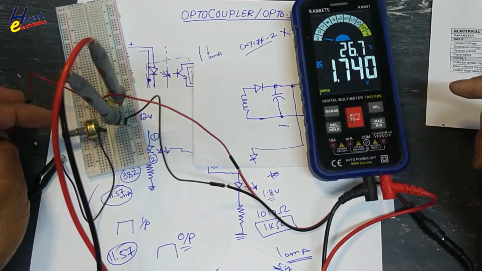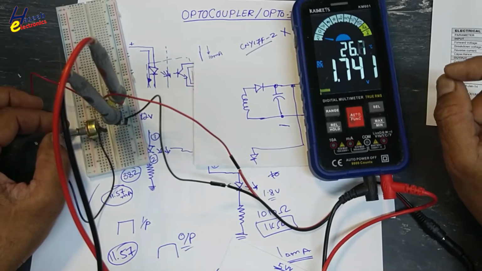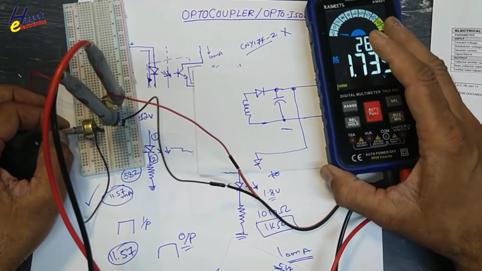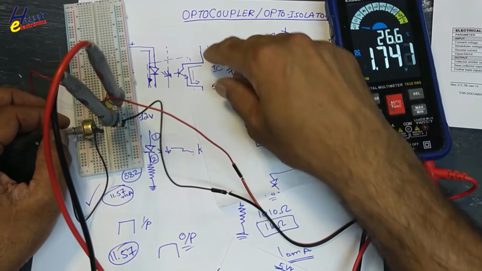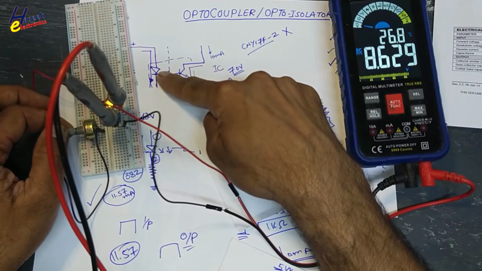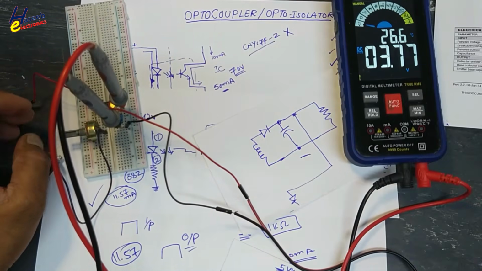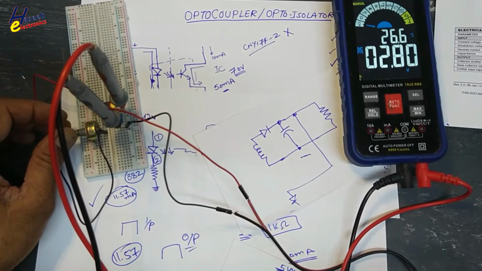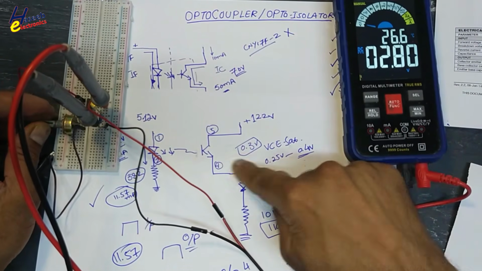When there is maximum resistance, the output voltage are just only 1.7 volt. Maximum voltage are being dropped across this transistor. We are increasing the current in this LED and it is increasing the current in output side. So by controlling primary side current, forward current of this optocoupler, we are controlling the output side.